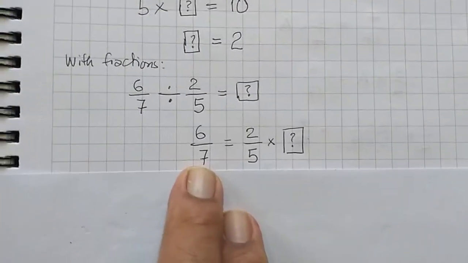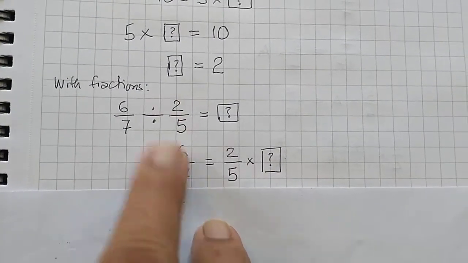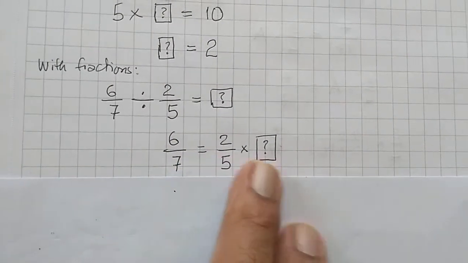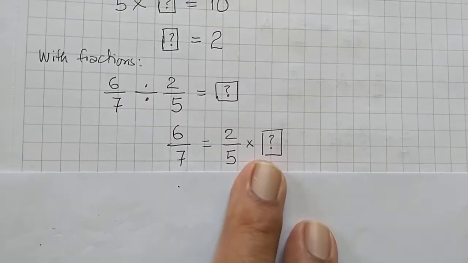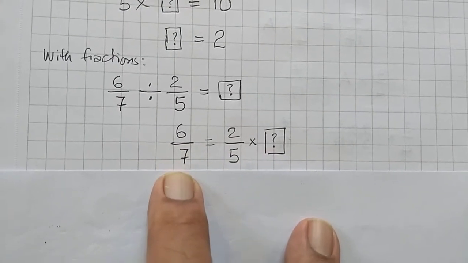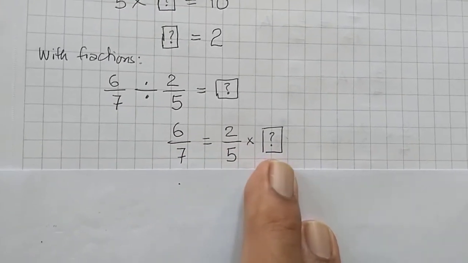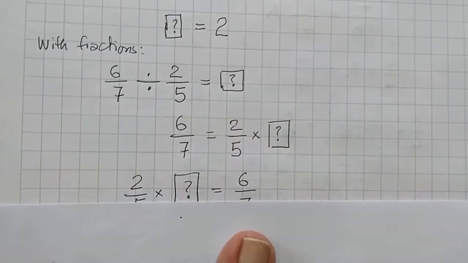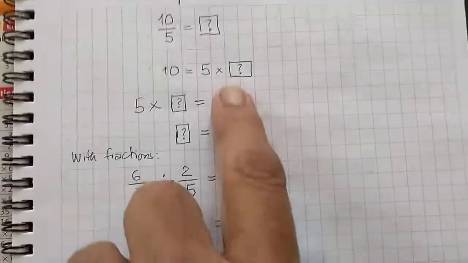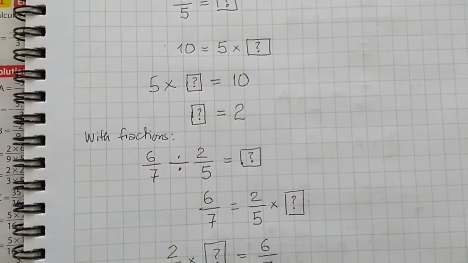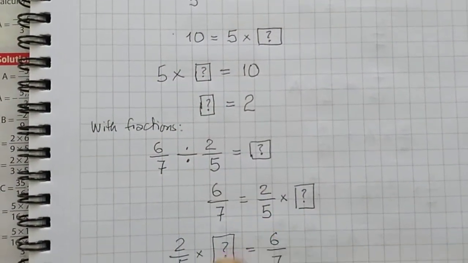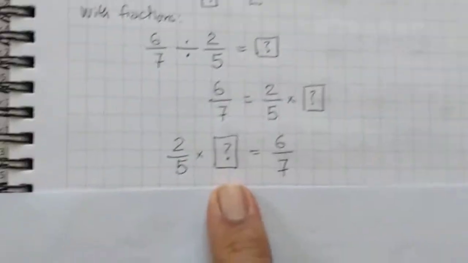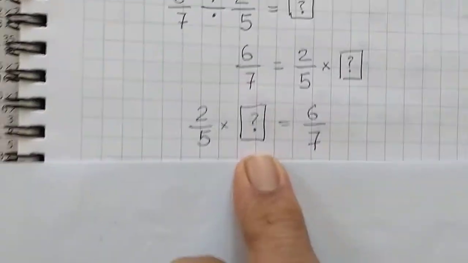So 6 over 7, this is my A and this is my B and this is my C. So A is equal to B into C. C is my unknown, which is what I want to find. Okay, so now I do the same thing that I did up there. I just rewrite it, but I put this member on this side and this member on this side. Now comes the solving bit.